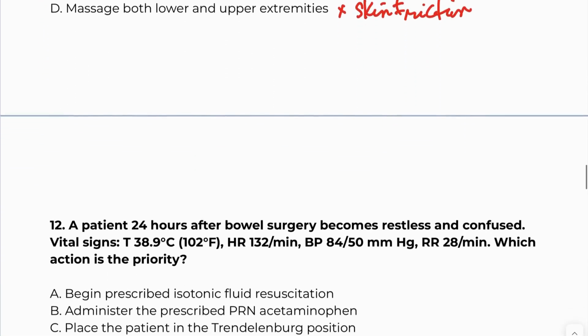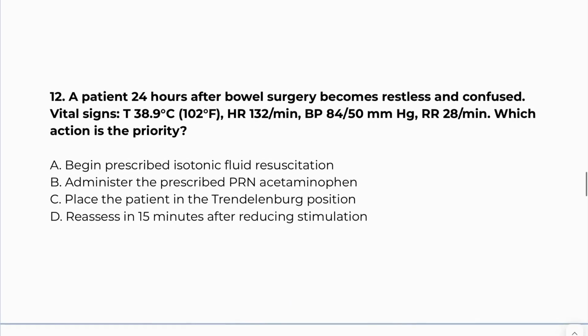Let's go to question number 12. A patient 24 hours after bowel surgery becomes restless and confused. These are the vital signs: temperature of 102, heart rate of 132, blood pressure of 84 over 50, and a respiratory rate of 28.